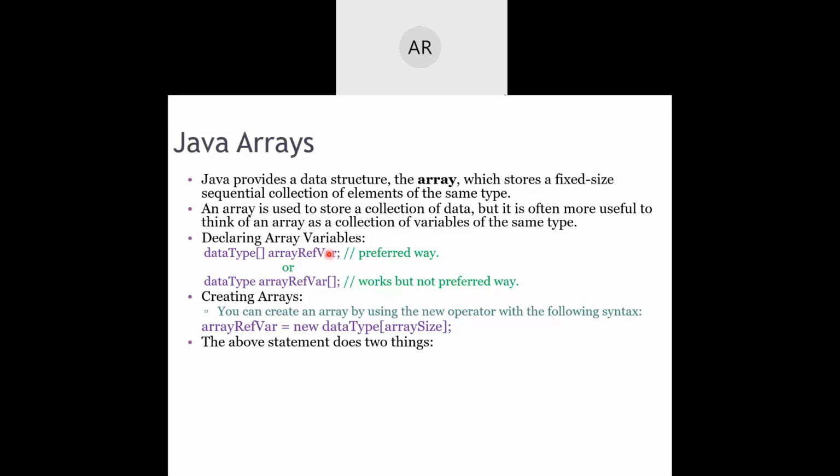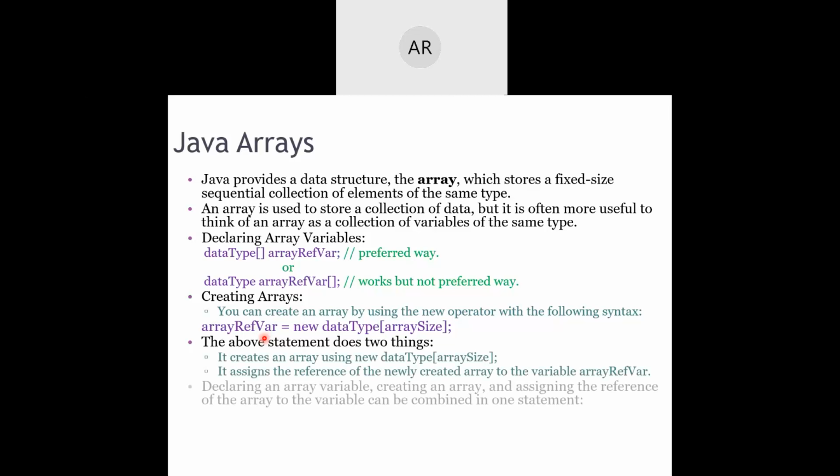How are we creating it? Array name equal to new, the data type which you want to create for, and then the number of elements that you want to represent using this particular name.